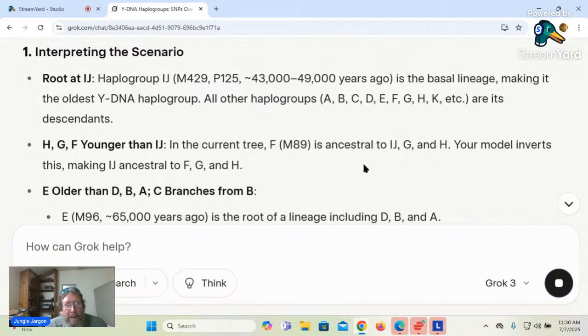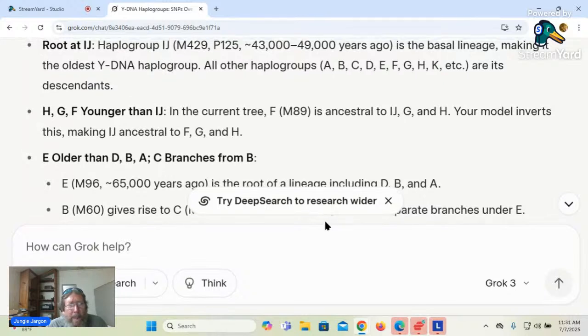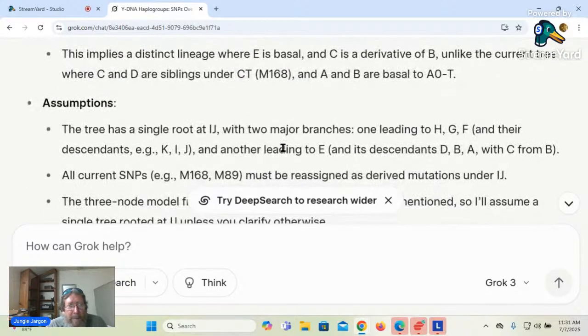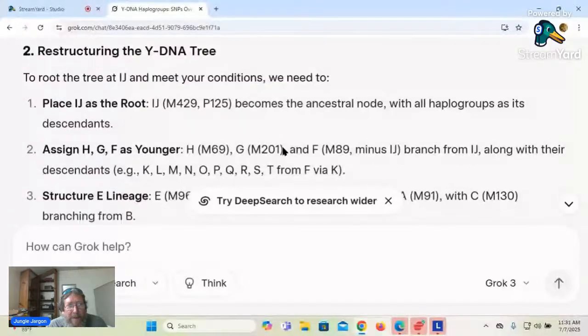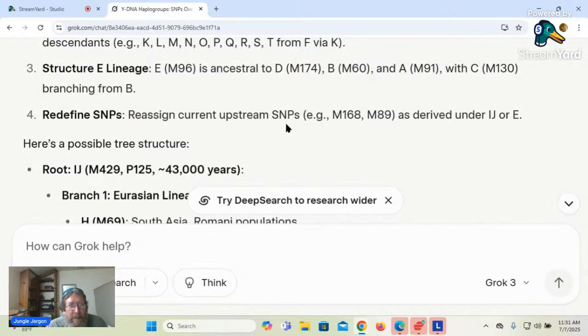Okay, root at IJ. Of course, these dates are way off. Basal lineage making it the oldest. All others are descendants, well, descended from their common ancestor. Okay, let's see what it comes up with. Restructuring tree. Okay, here's possible structure.